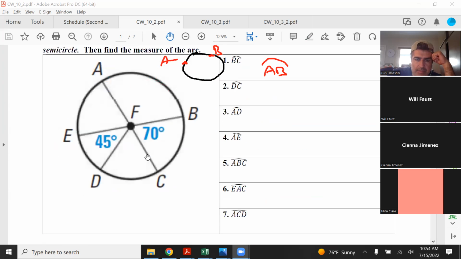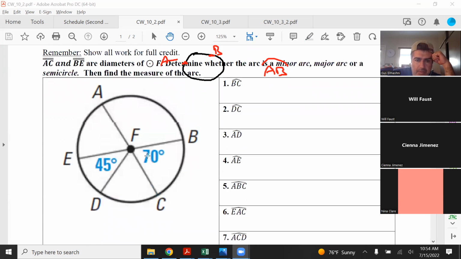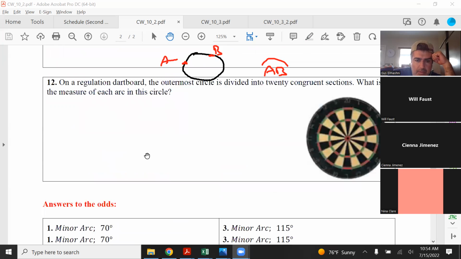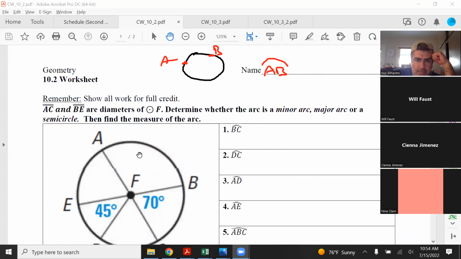So the default, the old minors, will be minor to get there as quickly as possible.